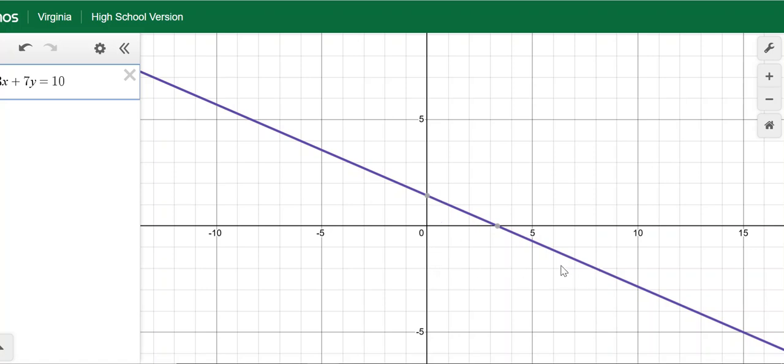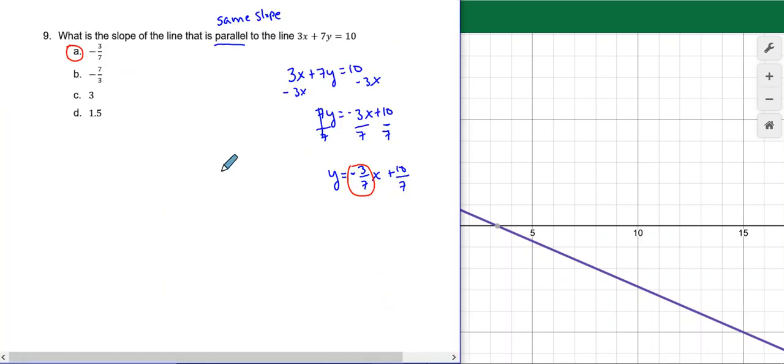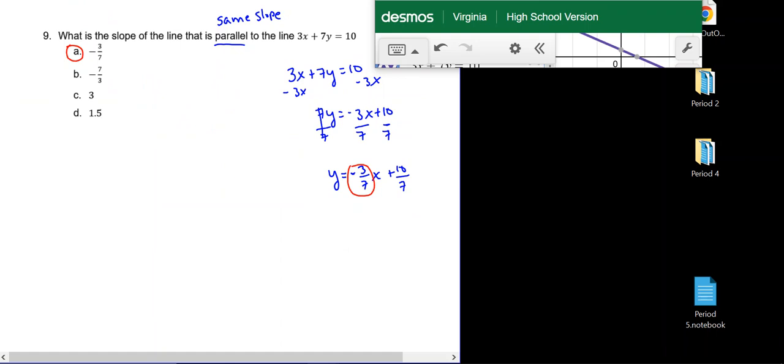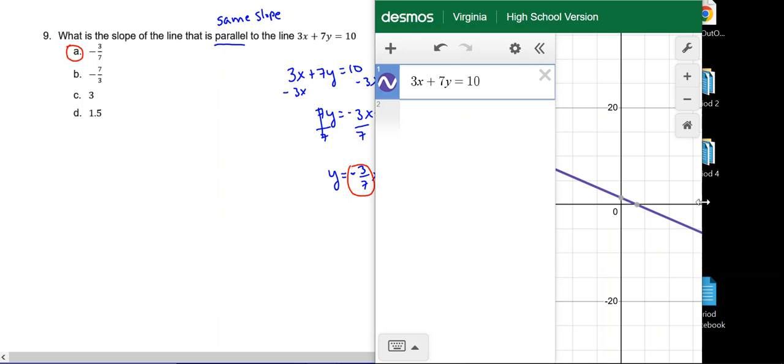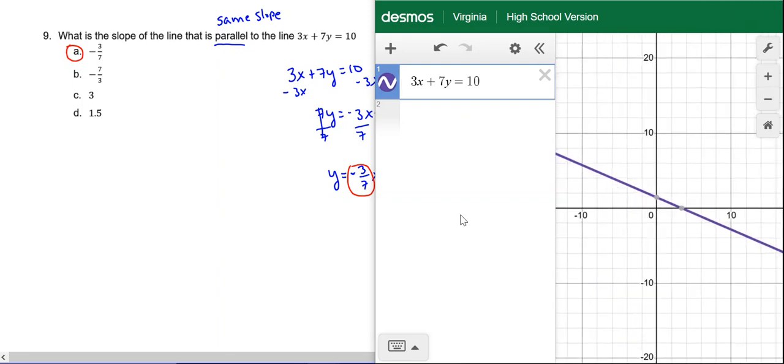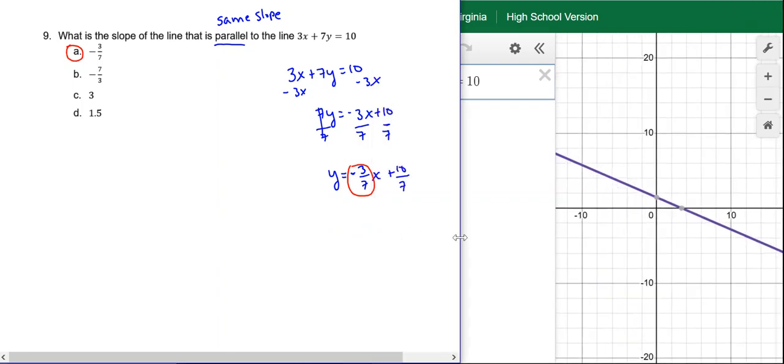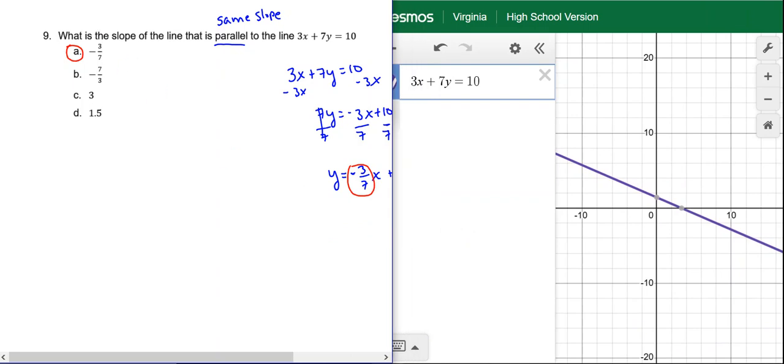Down 3 and over 7, which is what I have here, down 3 and over 7. All right, let me get my graph nicely situated. All right, let me go to the next question.